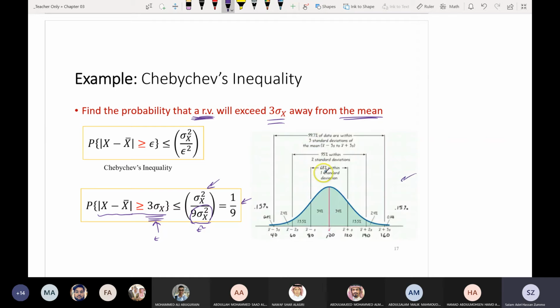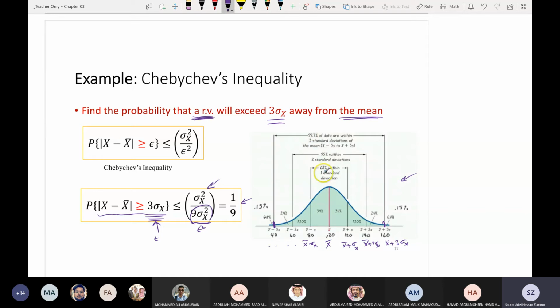Here we plot x bar, x bar plus sigma x, plus 2 sigma x, plus 3 sigma x, and so on in the other direction.